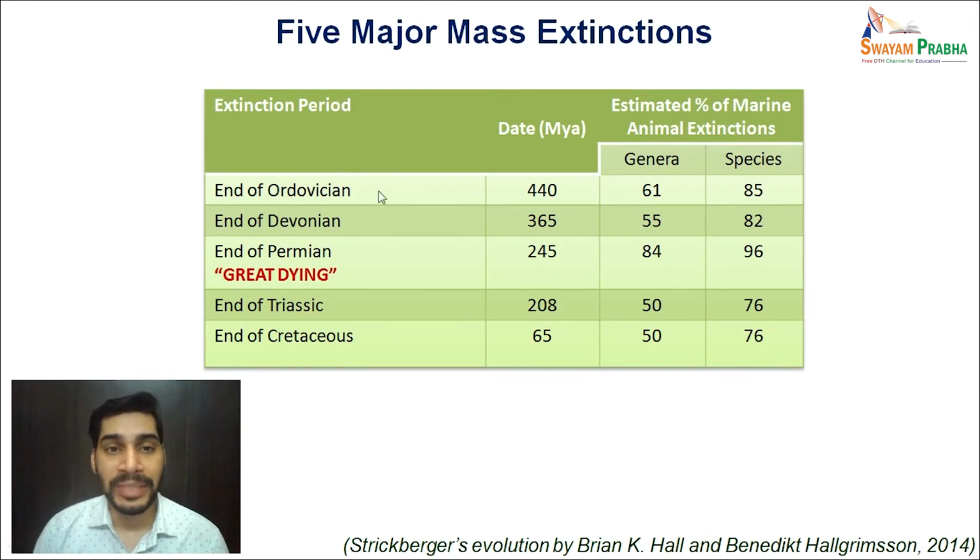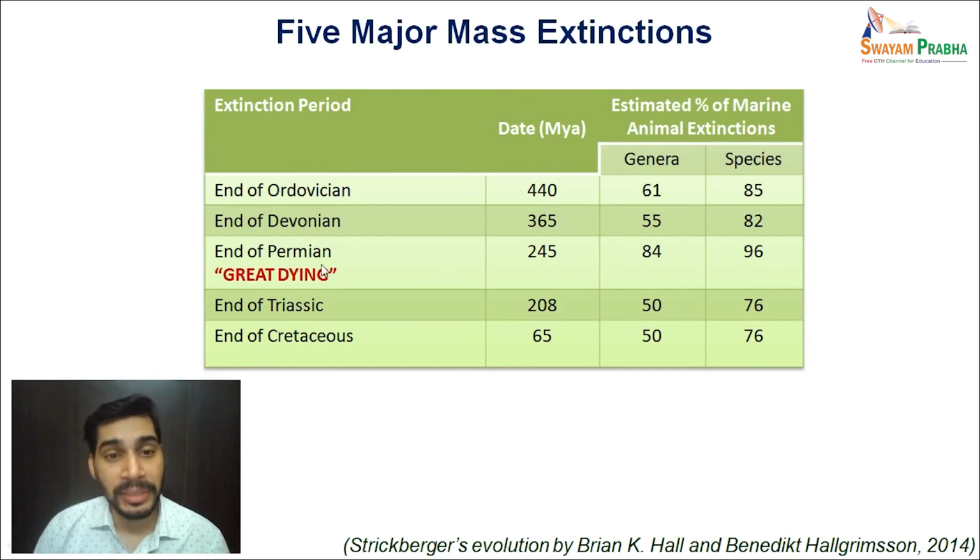Now, besides these extinction periods, you can see in this table the approximate time in million years ago when this particular event took place. For example, end of Ordovician mass extinction event took place at around 440 million years ago. At the end of Devonian period, the mass extinction took place at around 365 million years ago.